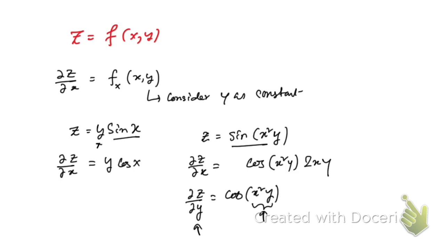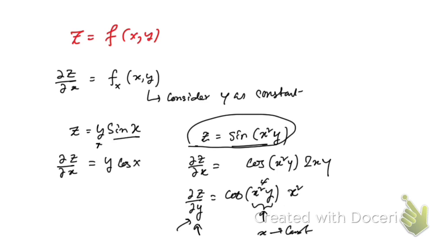This time we have to consider x as a constant. If you consider x square as constant, we get x square, and the derivative of y with respect to y is 1. So you get this result.